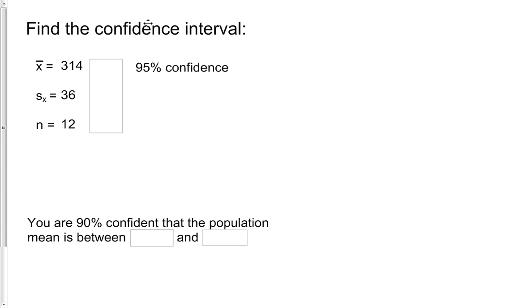So let's look at the confidence interval. Now this problem has an x-bar, a mean of 314, and a standard deviation of 36. Notice the difference in notation.